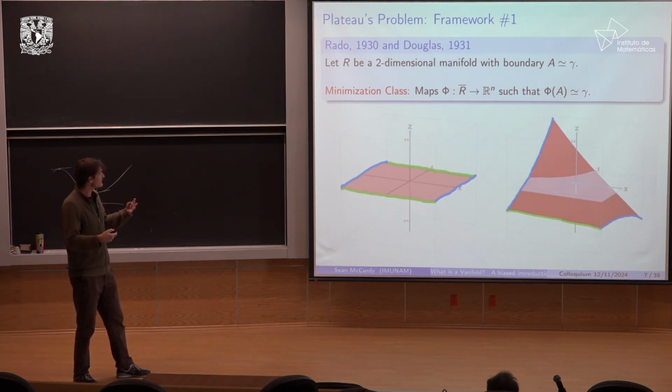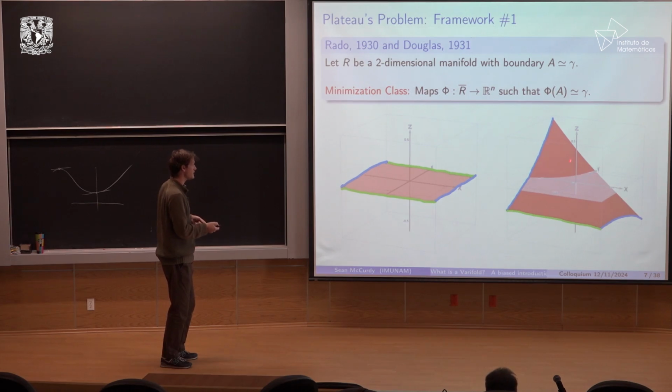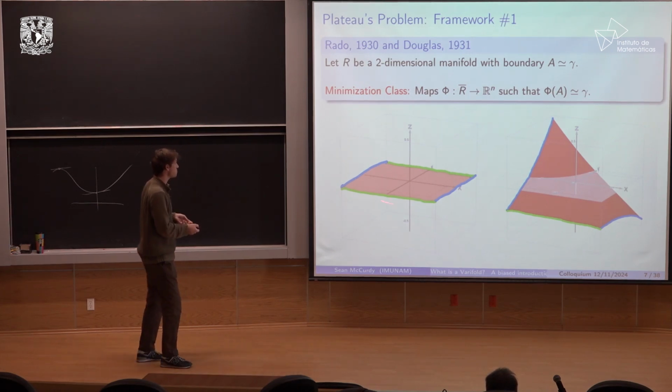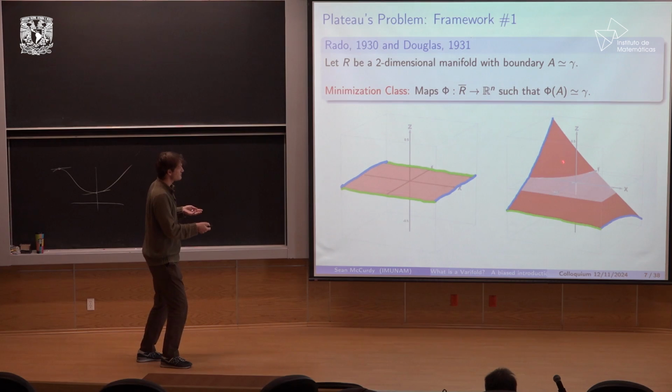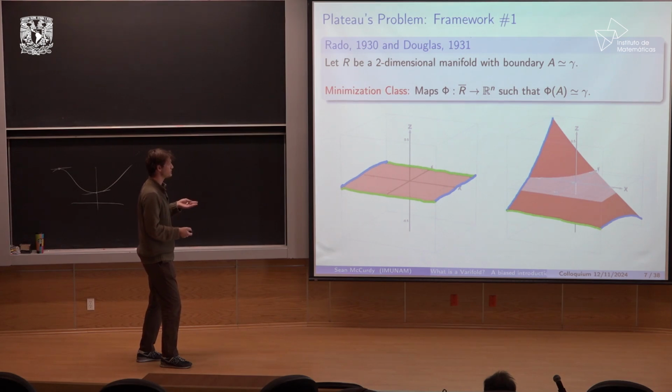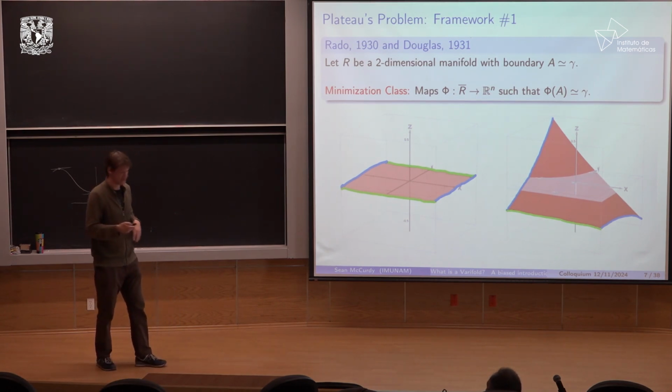The framework that they had was, we have our curve in space, and then he looks at some two-dimensional manifold with boundary A, and he looks at maps from R into a larger Euclidean space, where the boundary A is mapped homeomorphically onto the curve that we're given. And then he's going to minimize within this class.